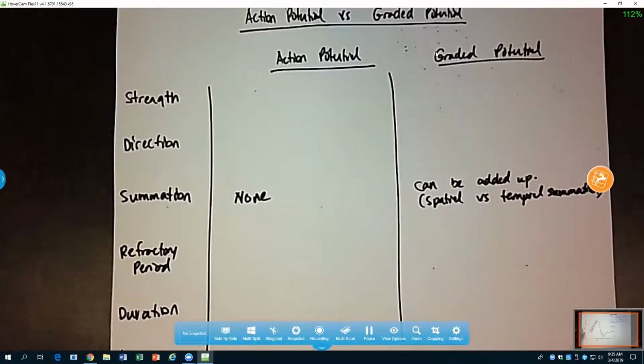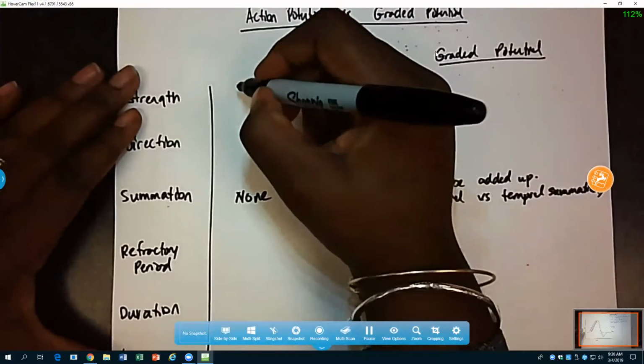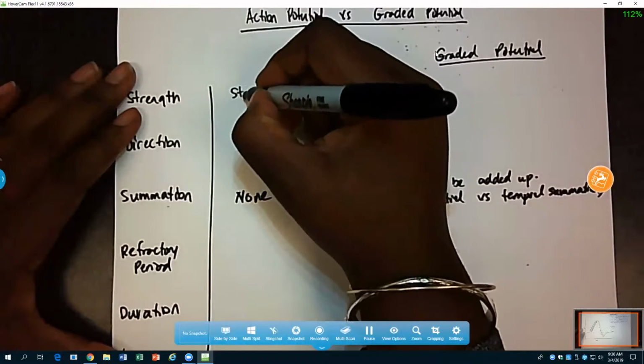What else? Let's go back to that magnitude, the magnitude of the action potential versus the graded potential. Which of these was stronger and more sustainable, versus which of these sort of dissipated as it traveled? The action potential has a stronger magnitude, so we're going to say stronger.